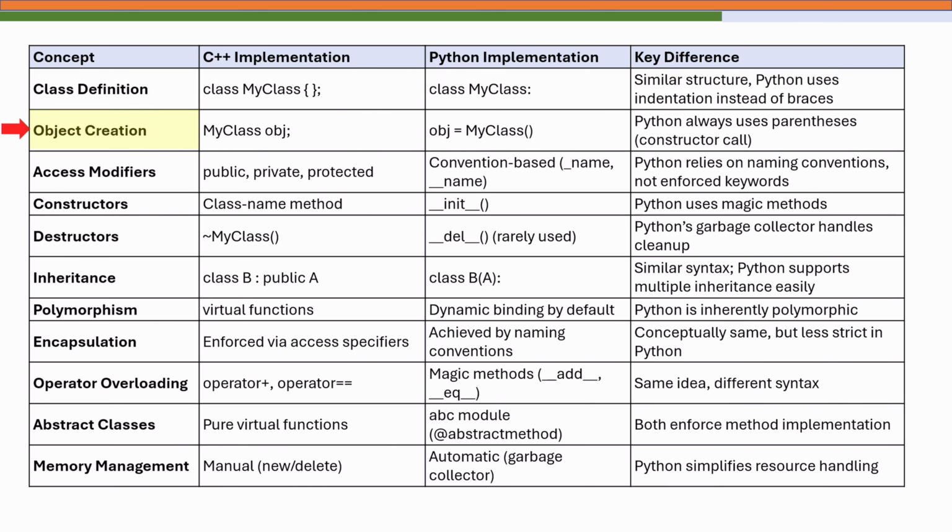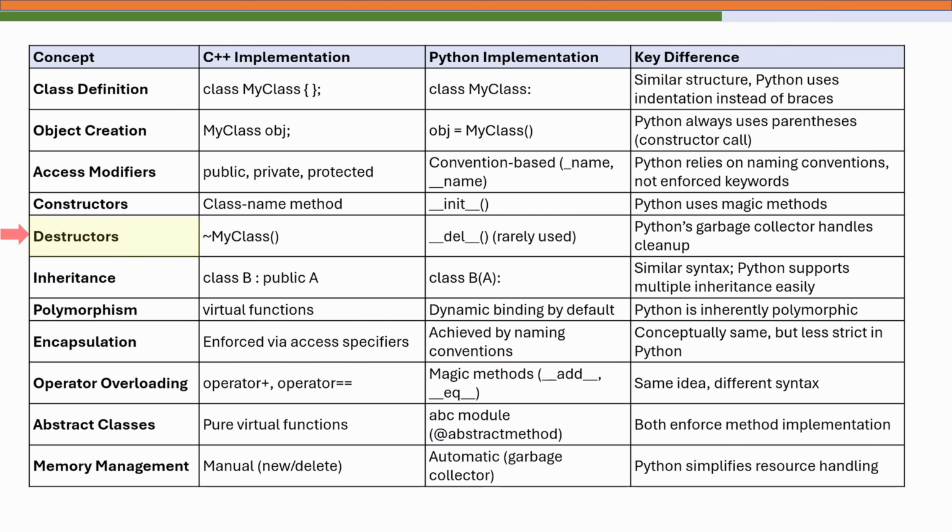For object creation, Python always uses parentheses in the constructor call. For access specifiers, Python relies on naming conventions. For constructors, in C++ you define a method with the class name, and in Python, as we have covered, it is the initializer method, the init method. Python also uses magic methods for operator overloading.